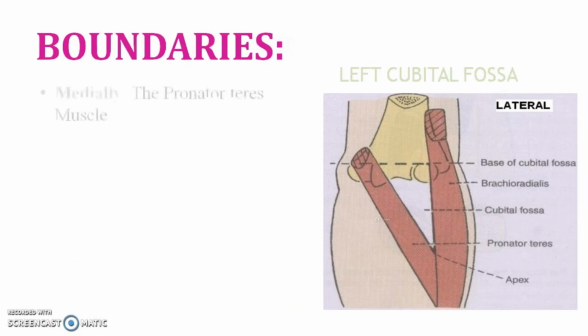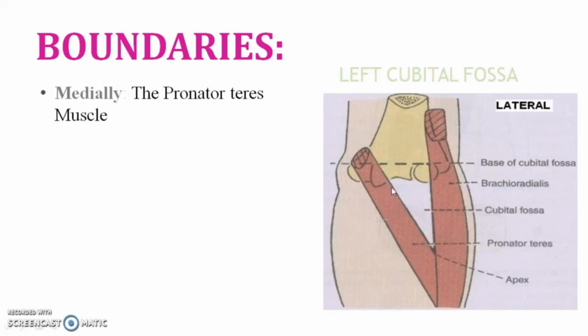So now, talking about boundaries, the picture shown is the left cubital fossa. Here you can make out this is the medial aspect, and this is the lateral aspect. Medially we will be having the pronator teres muscle. So this is the cubital fossa.